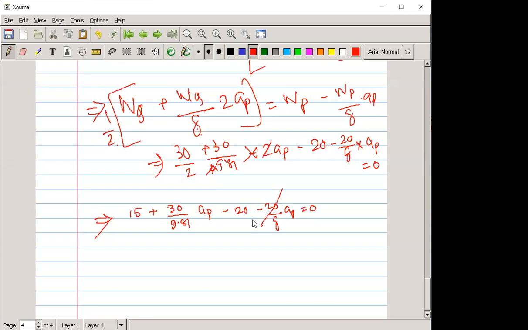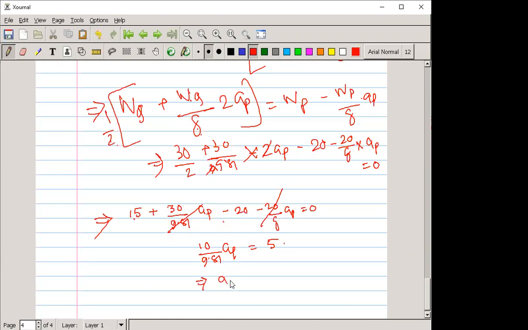So this one and this one, if we just cut, how much we will get? 10, na? So 10 by 9.81 of AP will give us 5, right? 15 and 2 minus 5, 5.